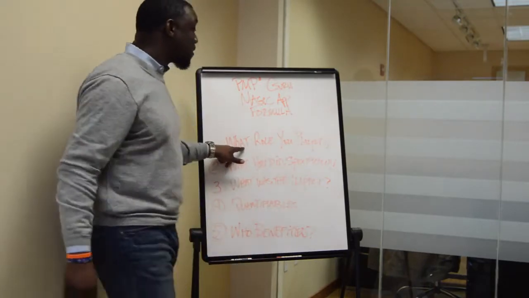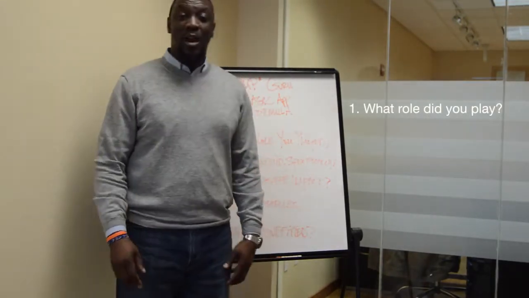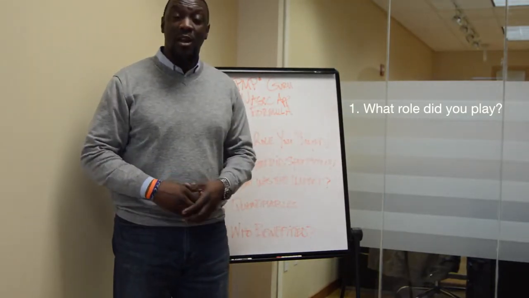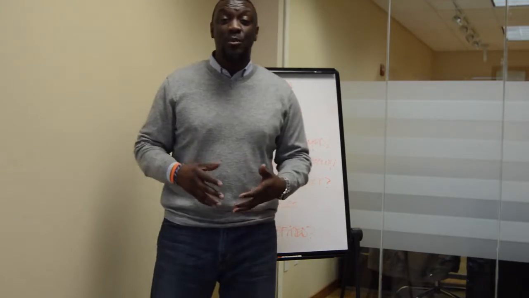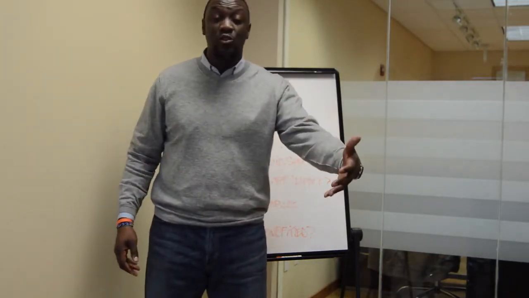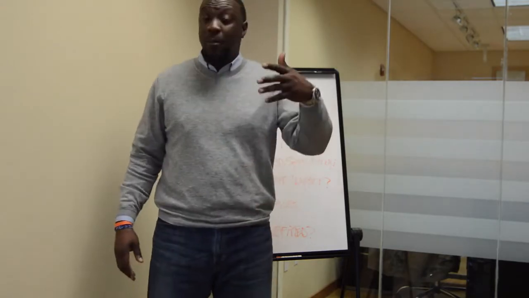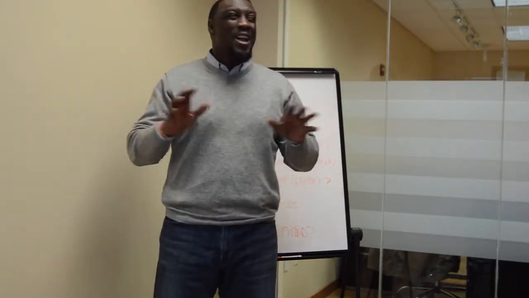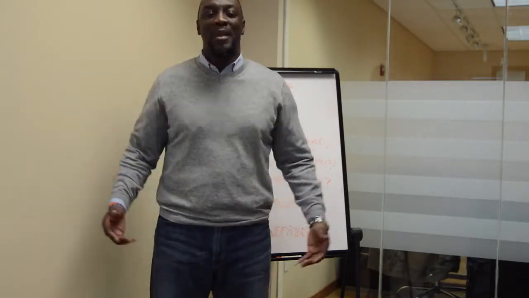So first things first, PMI wants to know, what role did you play in the project description, all right? What role did you play? What did you do? So some key terms you want to use here are like project contributor, if you weren't the project manager. If you were the project manager, put project manager. This co-project manager, co-PM stuff, guys, kill it, stop it.